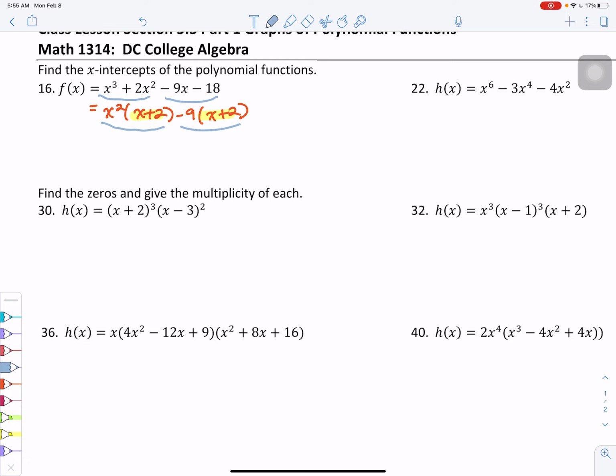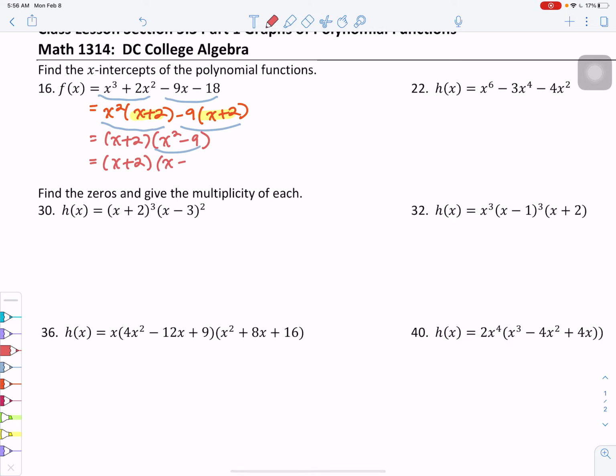So we can factor out an x plus 2, and we're left with an x squared minus 9. Now notice that we have not completely factored the polynomial. We have a difference of squares here.